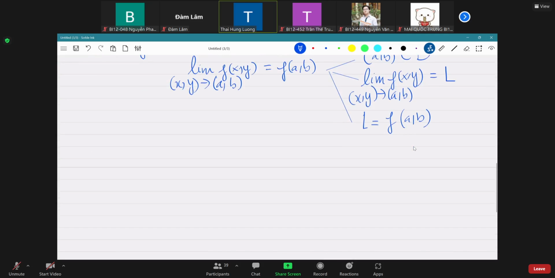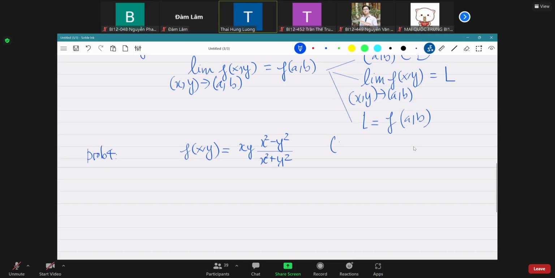Now take a look at problem 4. We are given a function of two variables, which has this formula. It is easy to see that this function is not defined at (0, 0), right?